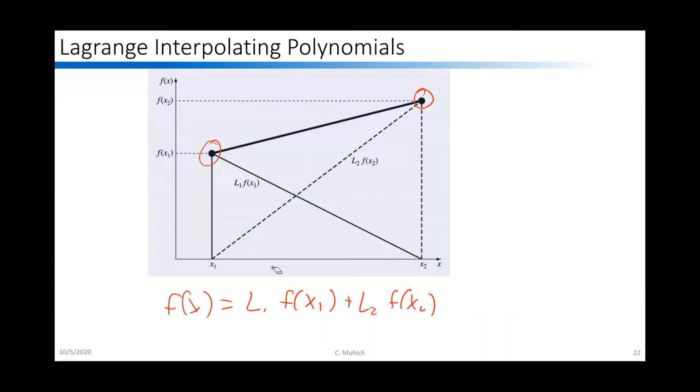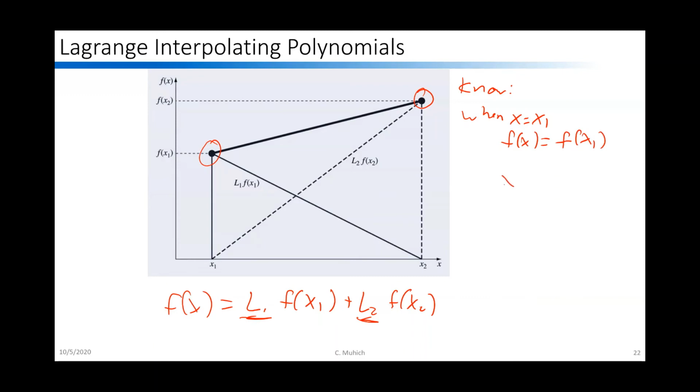So the question becomes, within here, we know that we need some portion of that f of x1 value, and some portion of the f of x2 value, and what should those be? Well, we also know that when x equals x1, f of x should be equal to f of x1.